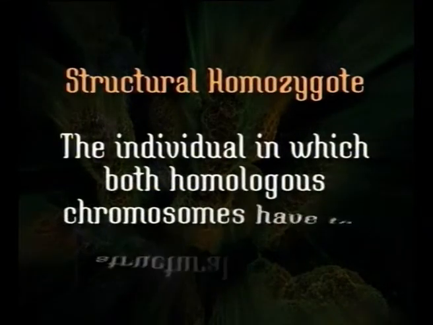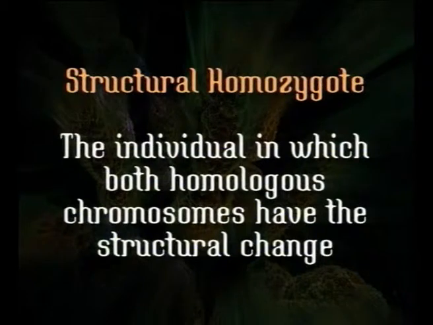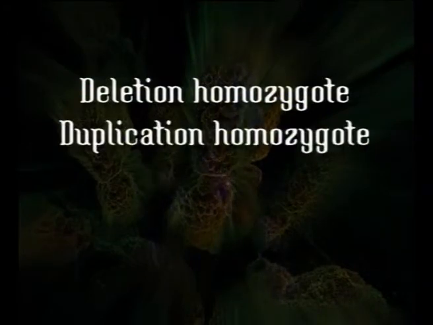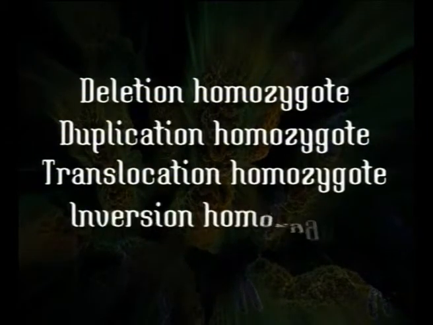Now, structural homozygote and structural heterozygote. We call an individual a structural homozygote when both the homologous chromosomes of a homologous pair have the structural change, whether it is a deletion, duplication, translocation or inversion. So it is called, respectively, deletion homozygote, duplication homozygote, translocation homozygote or inversion homozygote.